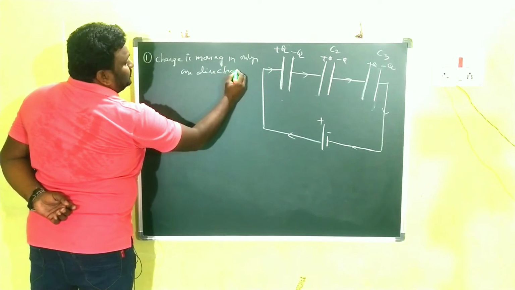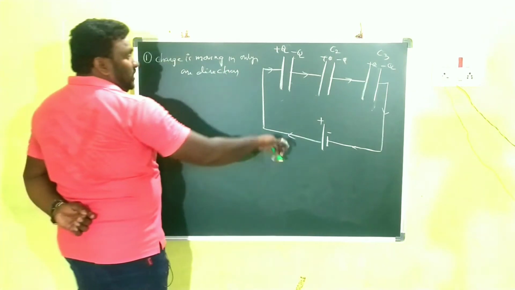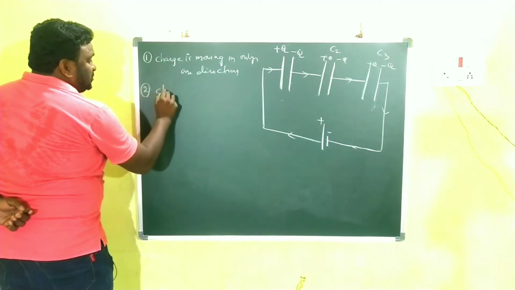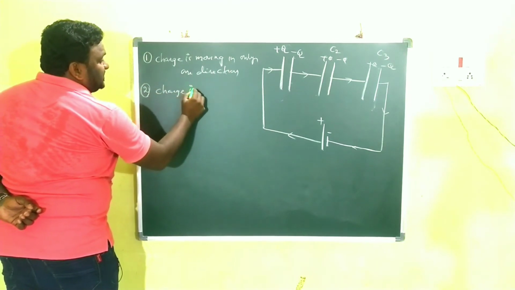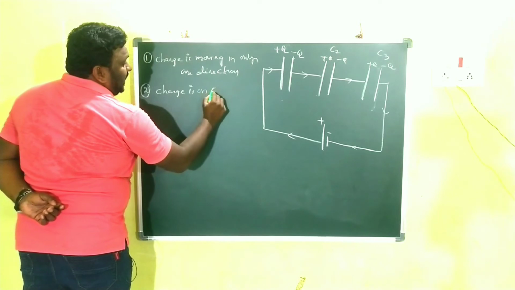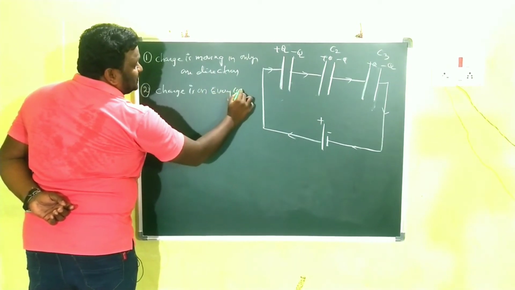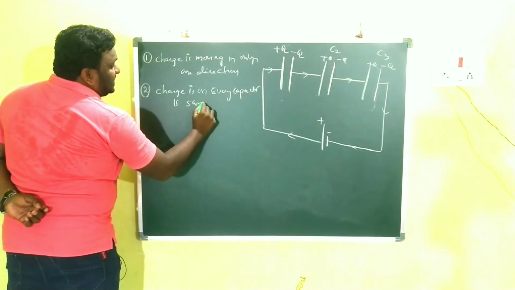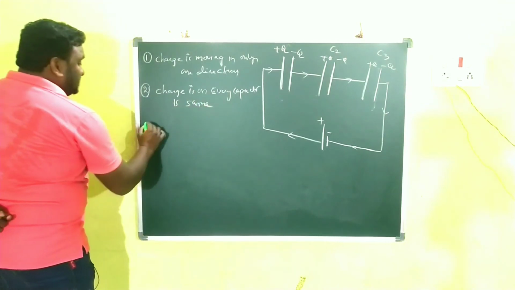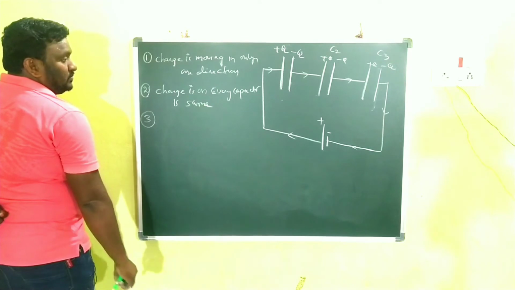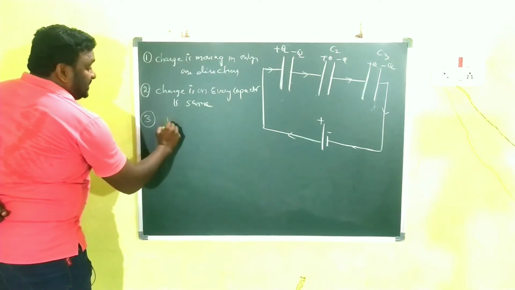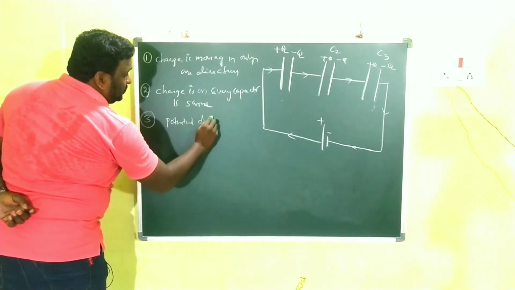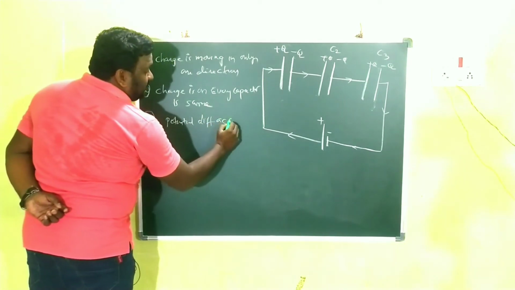Next, the charge on every capacitor is the same. This is the second key point. And the third key point is the potential difference across every capacitor.